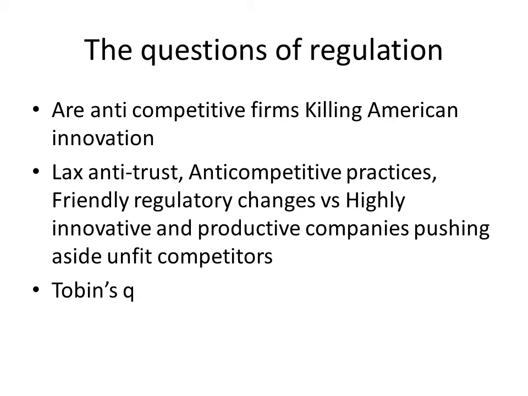A competing theory suggests the success of superstar firms, these giant mega firms, especially in the tech industry. All right. This second argument explains the increase in concentration of power at the top of industries by proposing that highly innovative and productive companies pushed aside unfit competitors, which sounds like good old market economics.